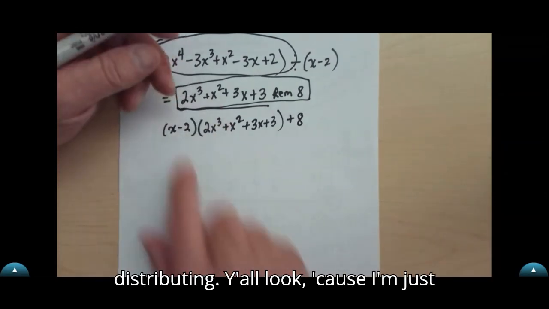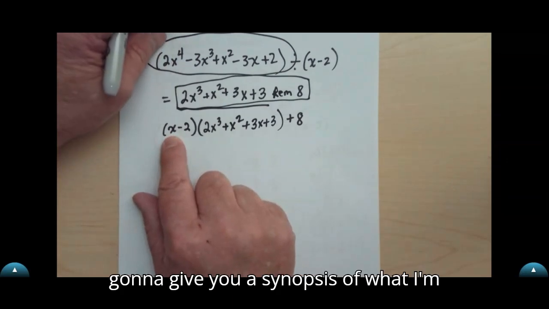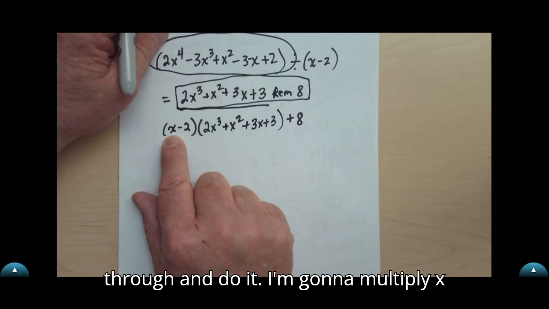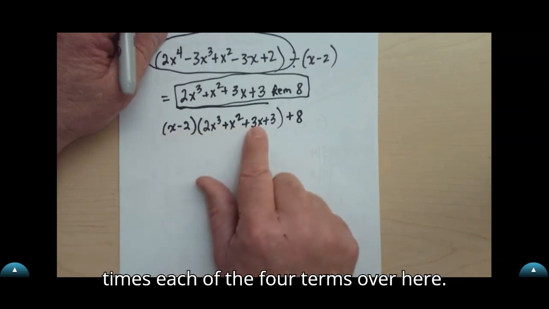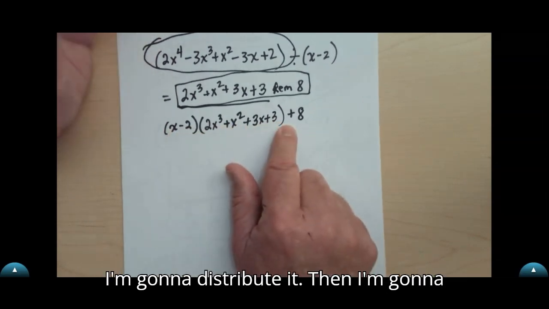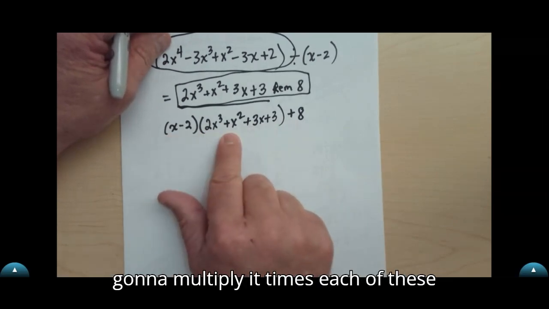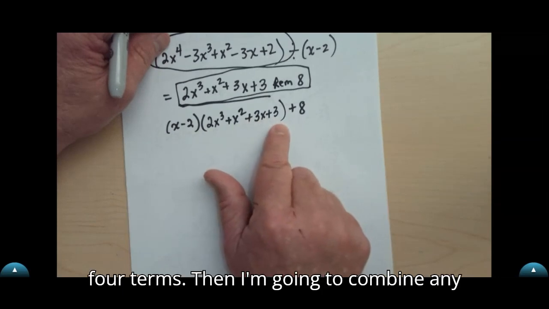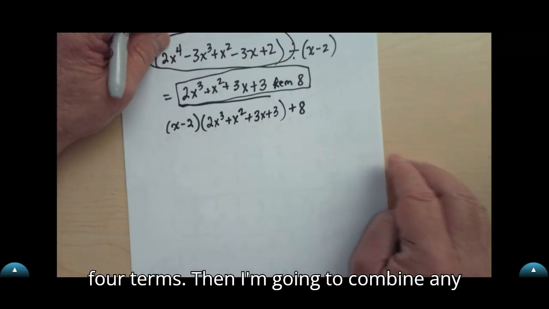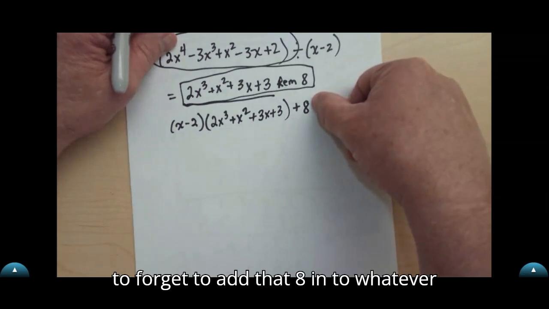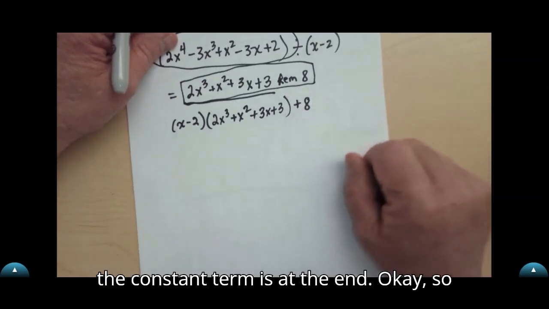I'm going to run through this quickly. I'm just distributing. I'm just going to give you a synopsis of what I'm going to do, and then zip through and do it. I'm going to multiply x times each of the 4 terms over here. Then I'm going to shift over to this -2 and multiply it times each of these 4 terms. Then I'm going to combine any like terms, and I have to remember not to forget to add that 8 to whatever the constant term is at the end.